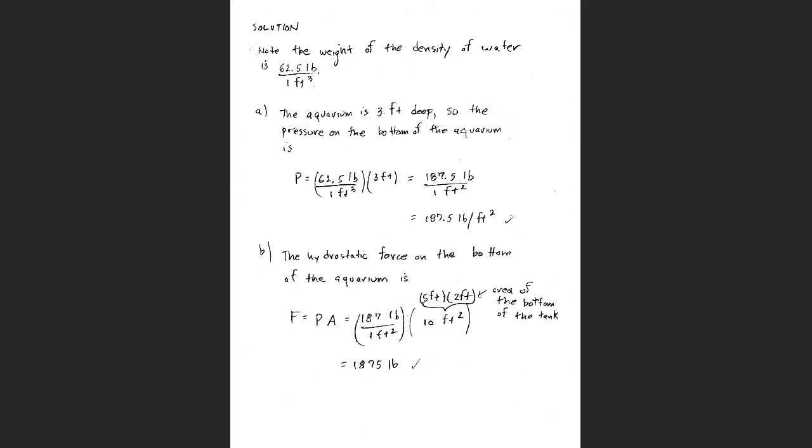We note, first of all, that the weight density of water is 62 pounds per cubic foot. So for the first question, when they say find the hydrostatic pressure on the bottom of the aquarium, we take the density of the water, 62 pounds per cubic foot, and multiply that by 3 feet, because the bottom of the aquarium is 3 feet down.